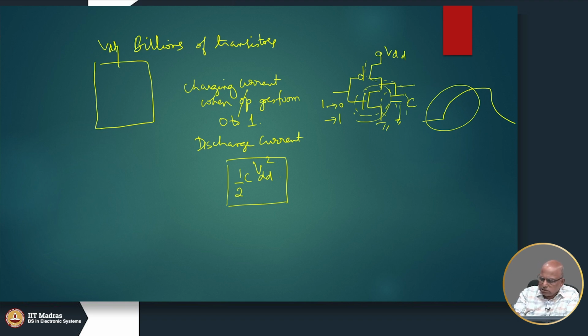And imagine that we have a clock pulse here. The clock period is T, and its frequency is F.